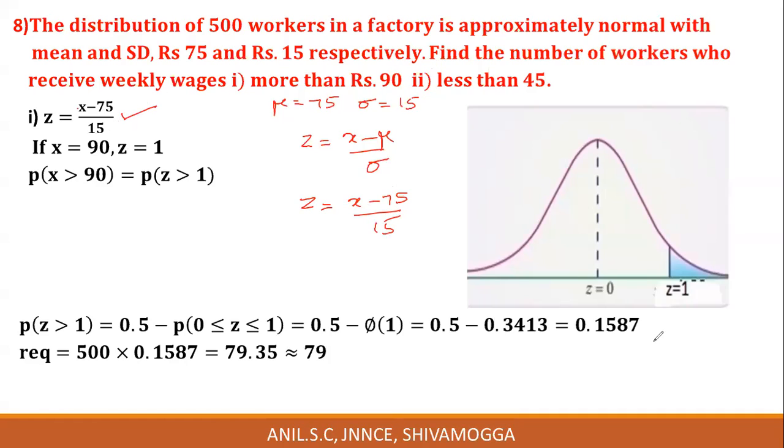First case. What is required in first case? Find the number of workers who receive weekly wages more than rupees 90. That means P where X is greater than 90 is required.